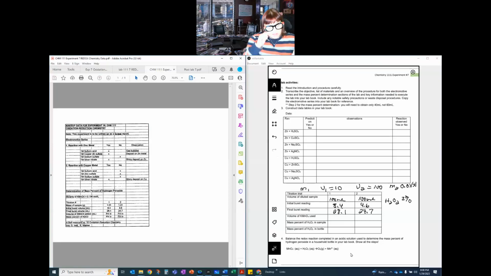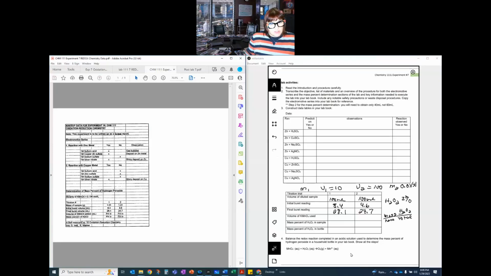So the volume of the KMnO4 that you used is the difference between those two. So you calculate that difference. And then the mass percent of the H2O2, you're going to calculate. Now, how do we define mass percent? It's the mass of H2O2 over the mass total. We have a mass for our sample, that's 1.01.